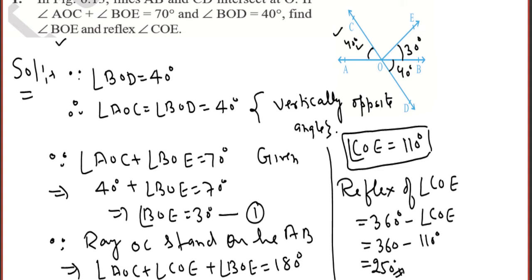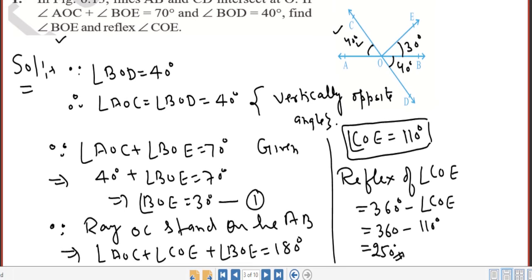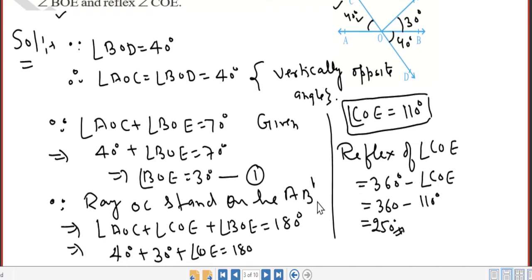AOC, value of AOC is 40 degree. Angle BOE is equal to 30 degree, so you have to find COE. So by putting the value of A, actually when I replace this one, then you will get it.